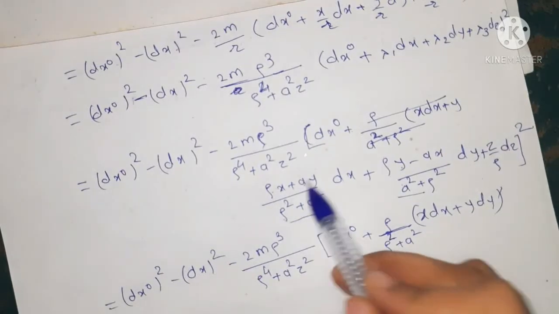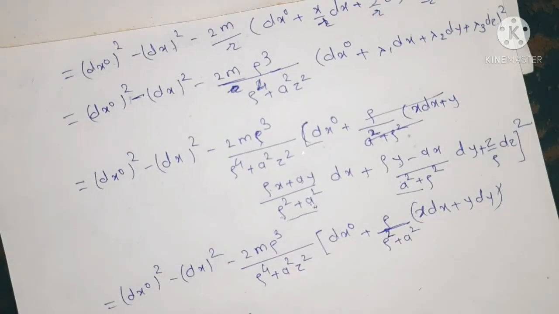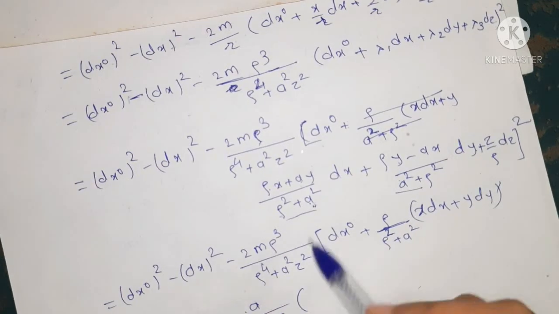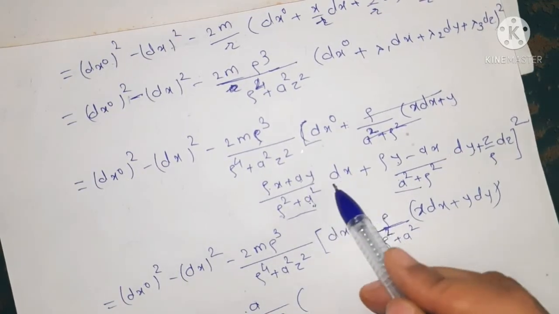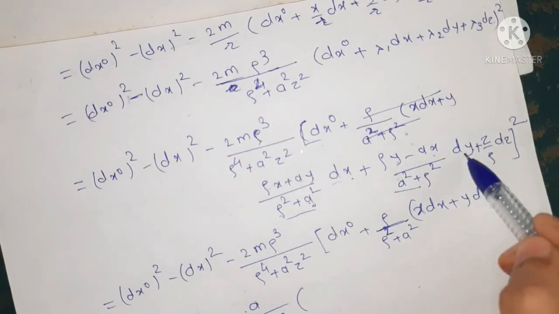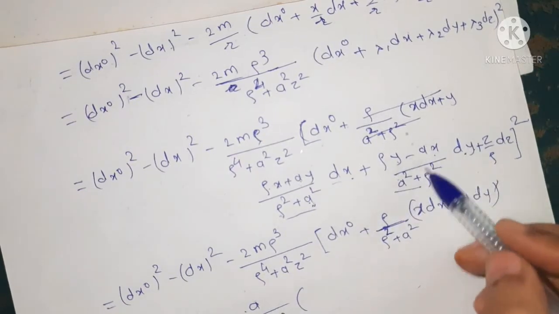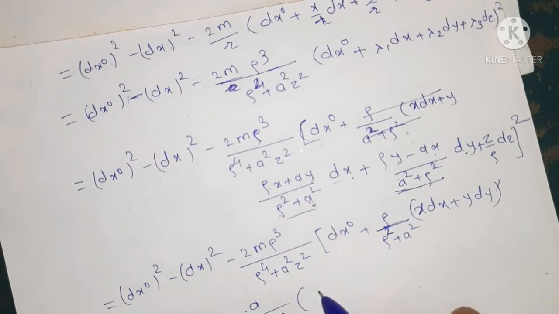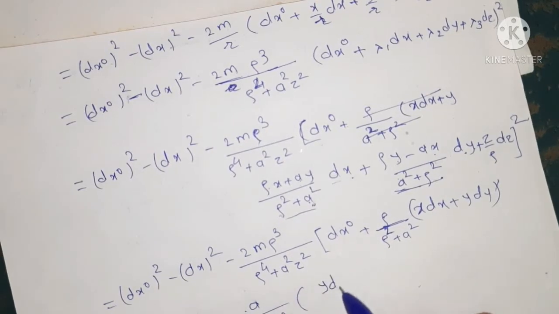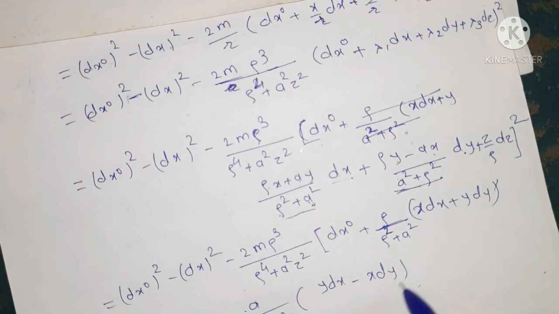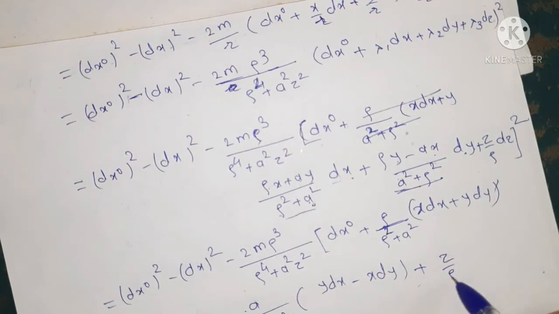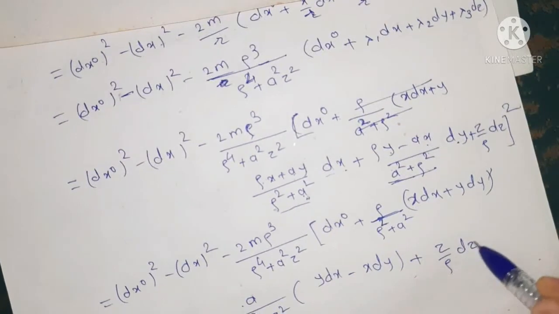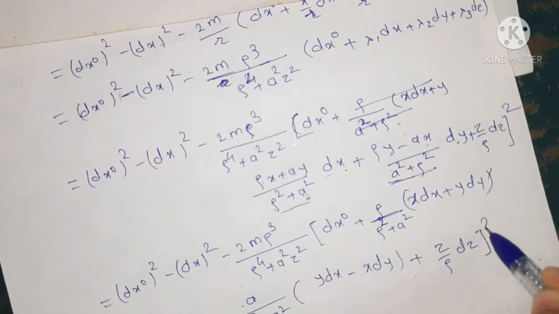Now again, a upon rho square plus a square taking common, in bracket we have y dx minus x dy. So we have y dx minus x dy plus z upon rho dz as it is, and whole bracket square.